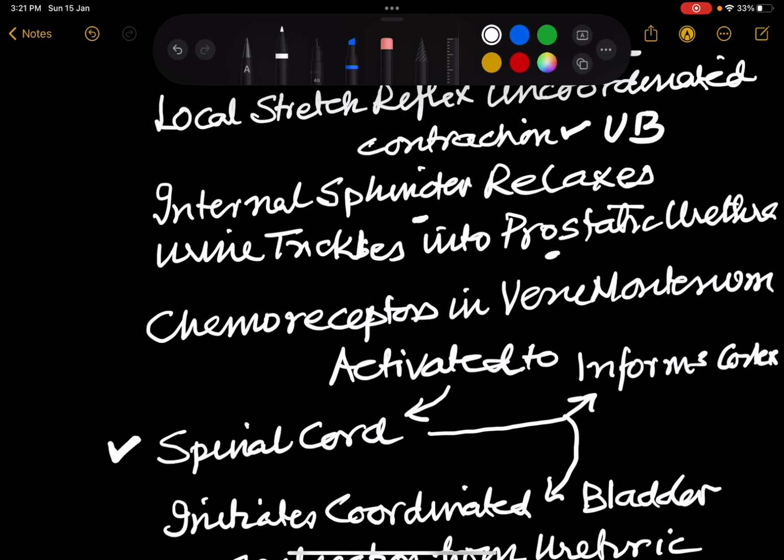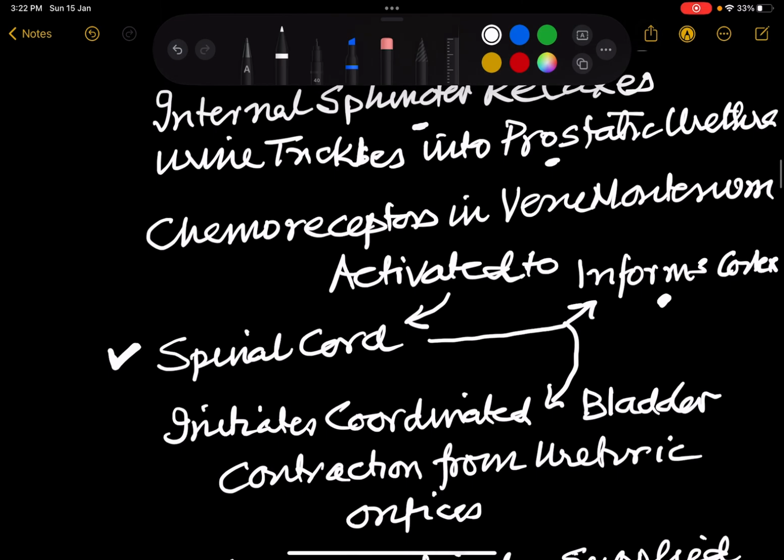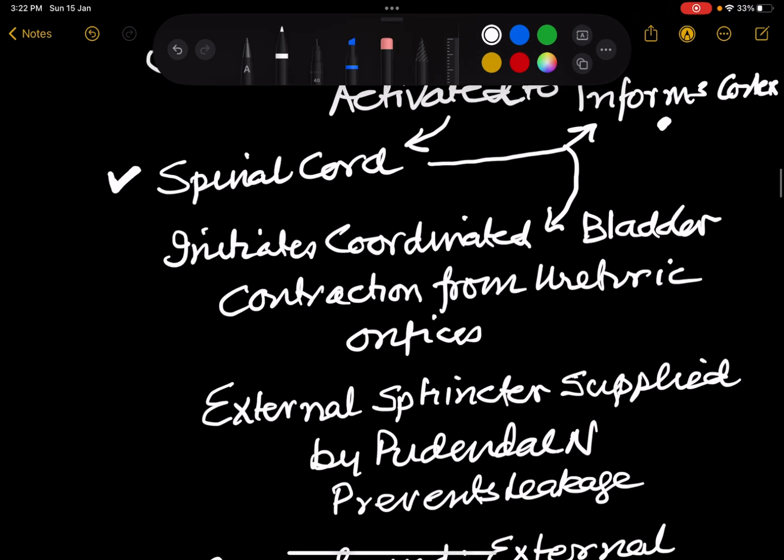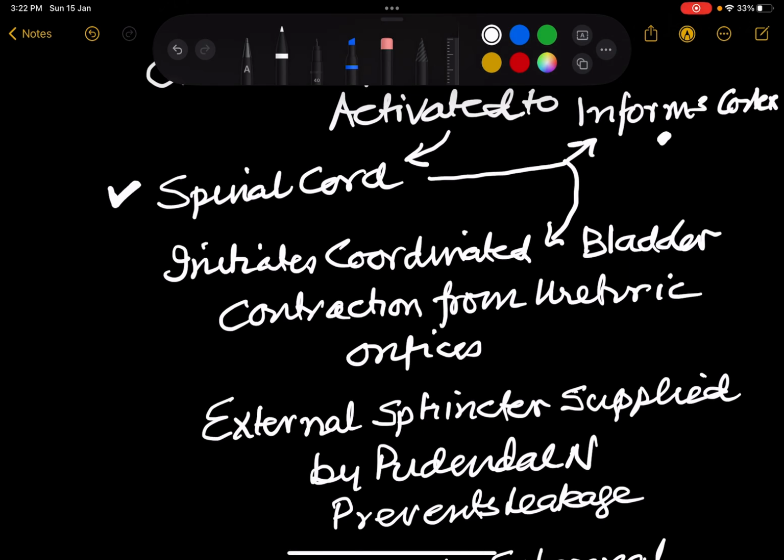The spinal cord informs the cortex and initiates a coordinated contraction of the bladder from the ureteric orifices, because the ureteric orifices become the pacemakers of the bladder. But you can't micturate everywhere, so the external sphincter, supplied by the pudendal nerve from Alcock's canal, keeps contracting and preventing a leak before the time of micturition arises.